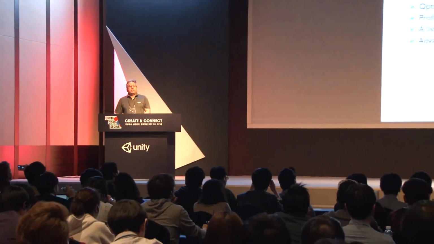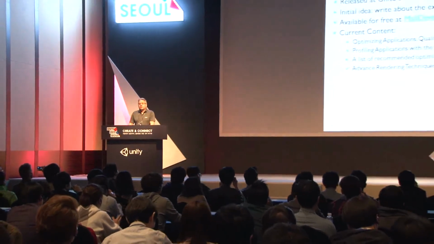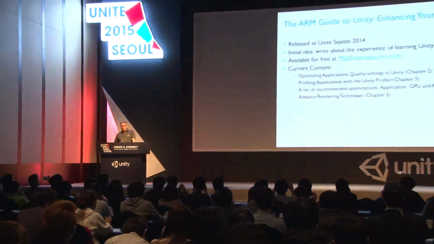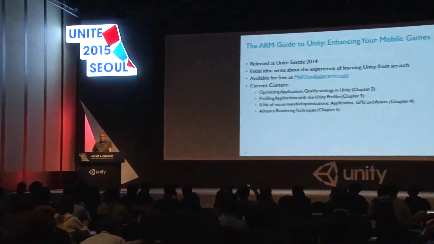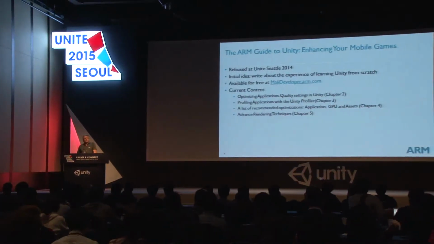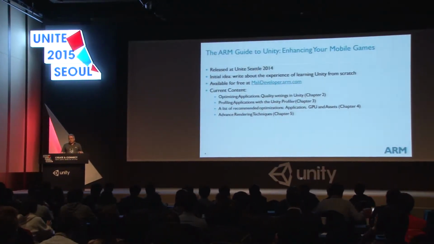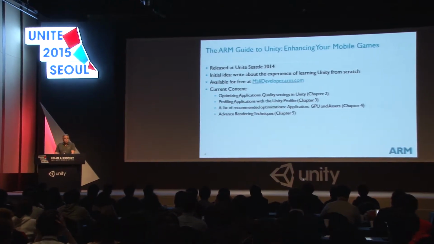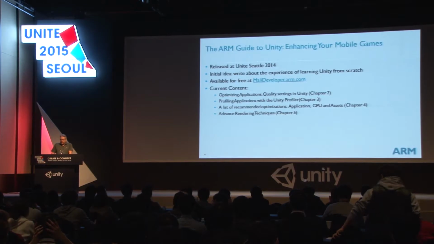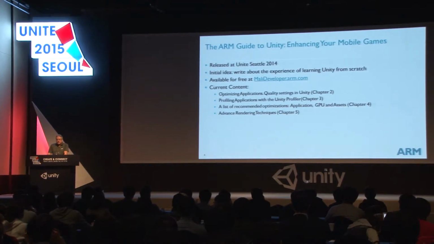When we were in the middle of the project, we decided to put in the guide our experience when learning Unity from scratch. So last year, during Unite Seattle, we released the ARM Guide to Unity for the first time. This guide is available for free for downloading from the Mali developer website.